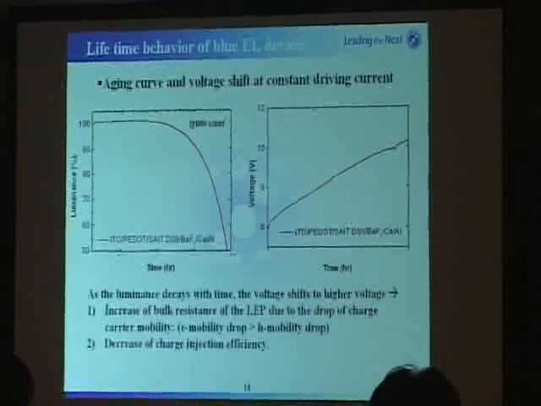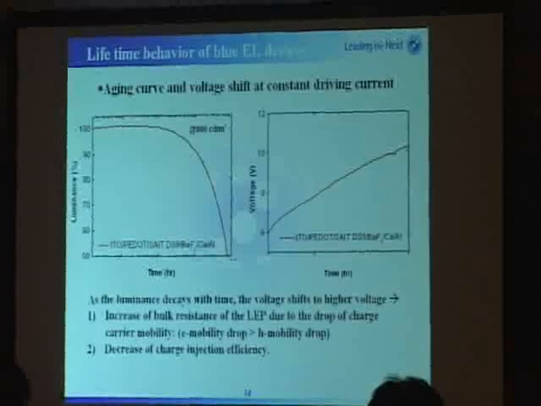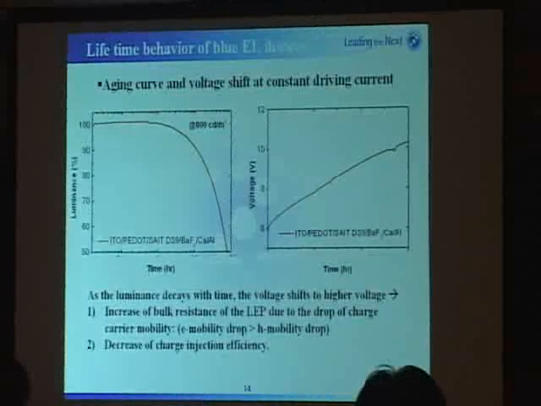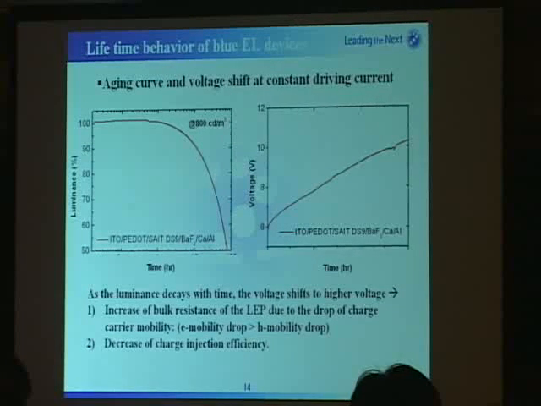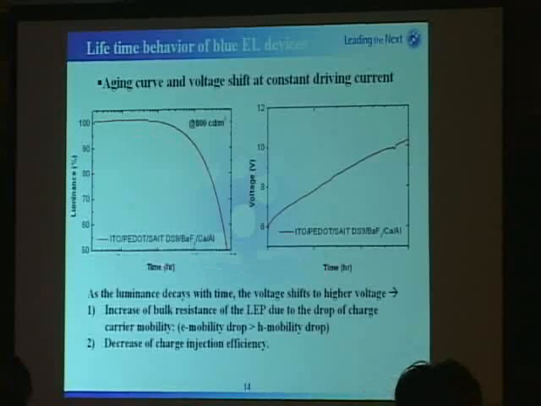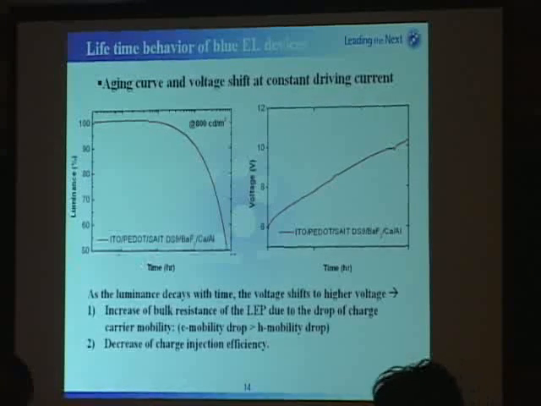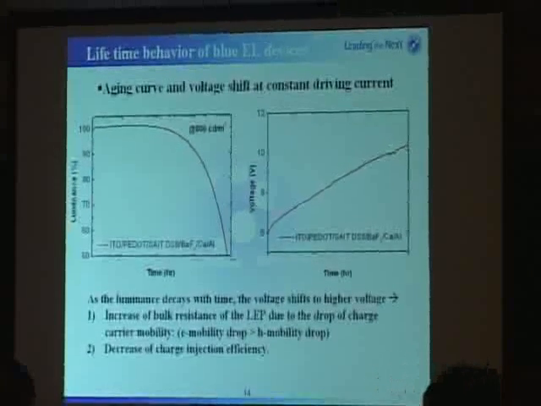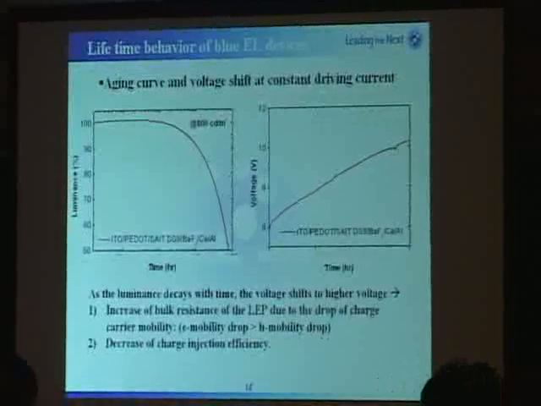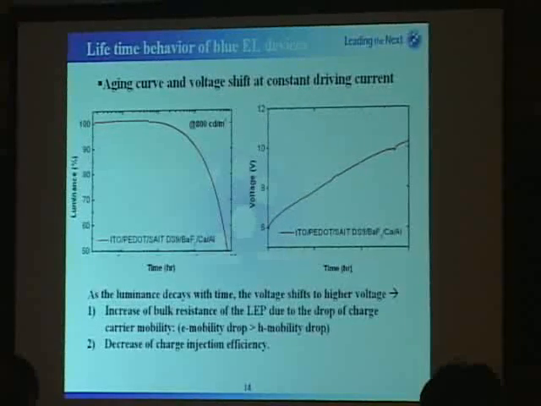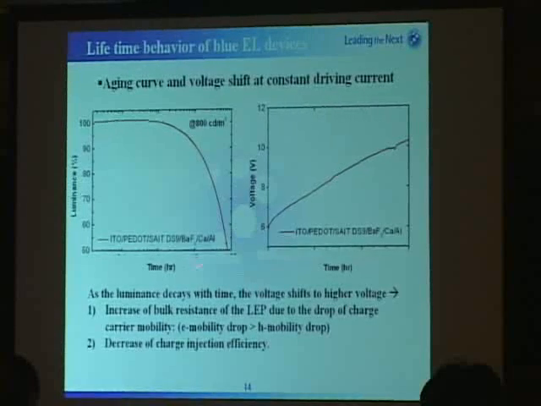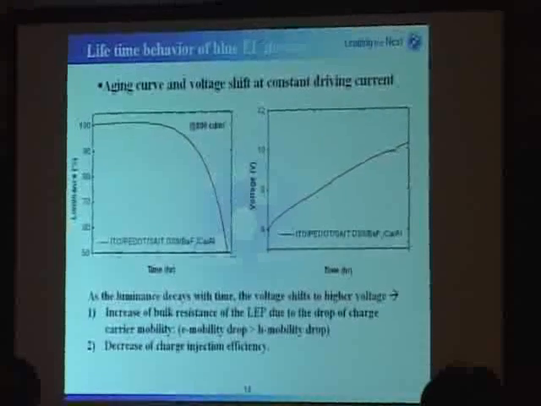Next, lifetime. Lifetime behavior of blue EL devices. Aging curve and the voltage shift at constant driving current are shown here. This is the time on a log scale, this is the luminance, and this is the voltage. As shown in these pictures, the luminance decays with time, and the voltage shifts to higher voltage.